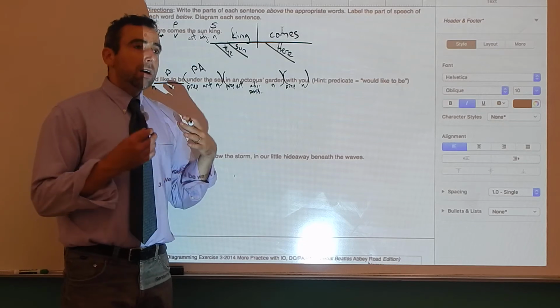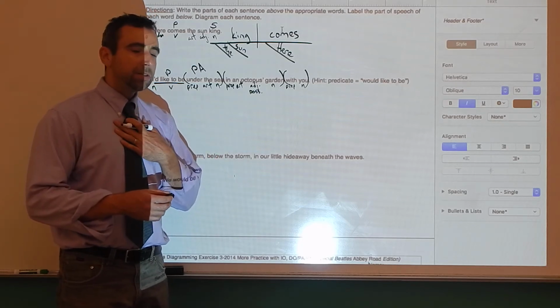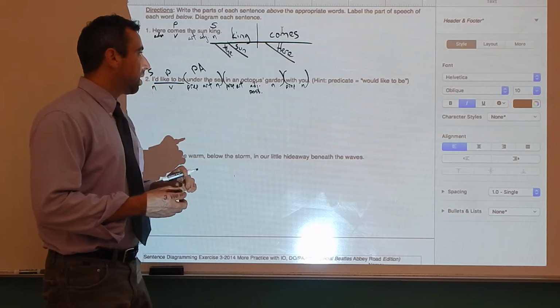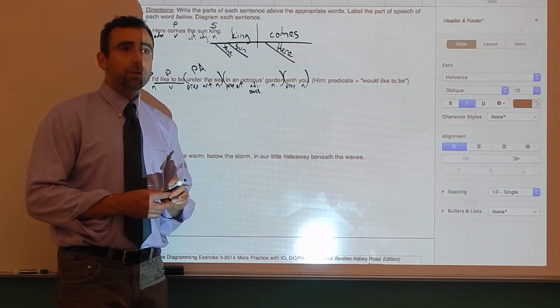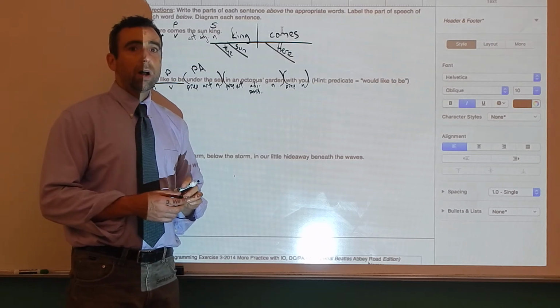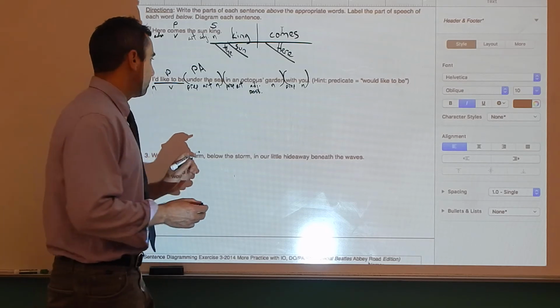Okay. The diagram now. Start by diagramming the main line of the sentence. Use rule of sentence diagramming number 1. Just do the subject and the predicate. I'll show you how to do the predicate adjective.